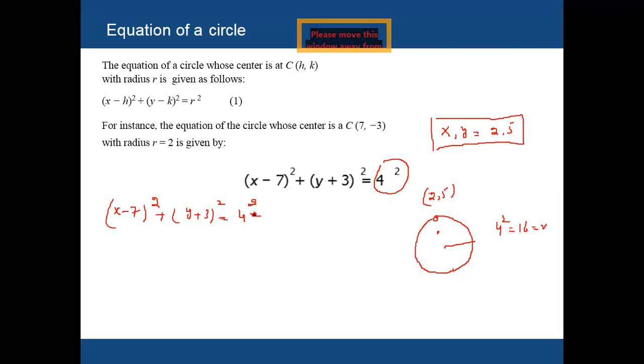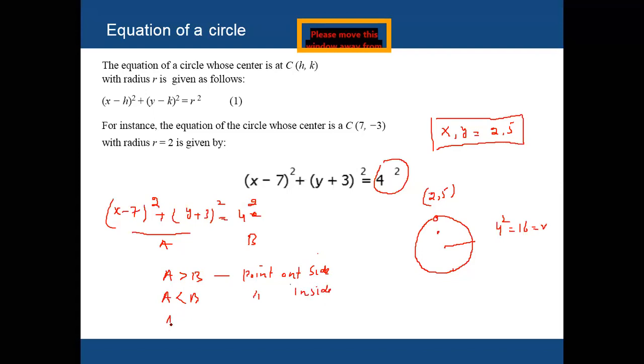Let's suppose this side is A and this side is B. If A is greater than B, this means that the point lies outside. If A is less than B, then the points are inside.